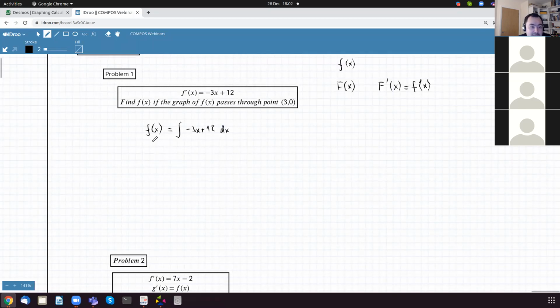Okay, and well, that's not a very difficult integral. You know that the integral of x to the power n is x to the power n plus 1 over n plus 1, plus c, where c is an arbitrary constant.